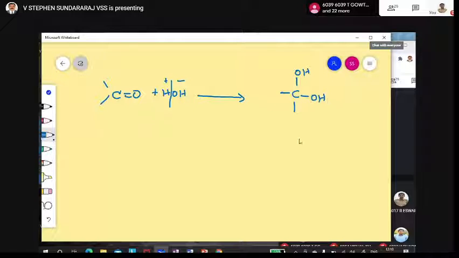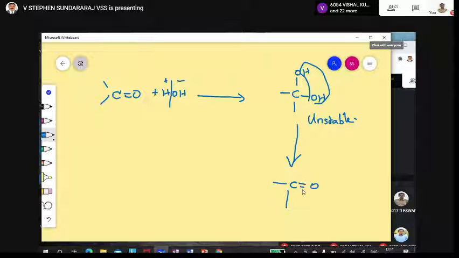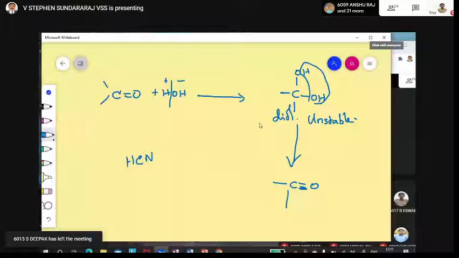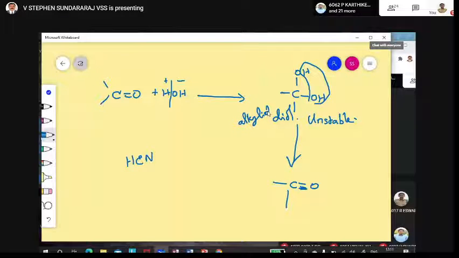This is highly unstable, I told you. If it is highly unstable, the water will be removed, and it becomes C double bond O. That is it. So when you add water, you are getting a diol, an alkylidene diol. Since it is unstable, it will break to give the corresponding aldehyde or ketone.